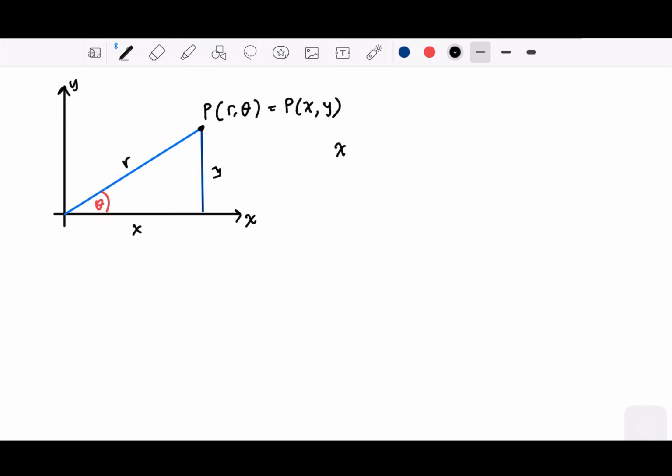So we have a conversion between polar and Cartesians, and I think you guys probably should have known this. Let me just write this. This is pretty much the standard conversion from polar to Cartesian, or from Cartesians to polar.